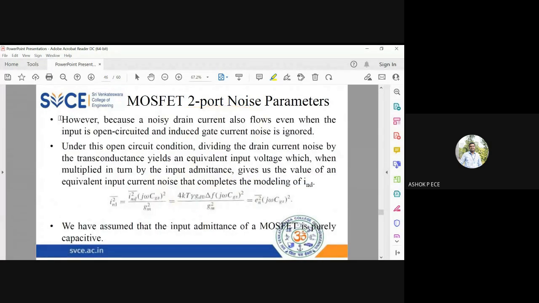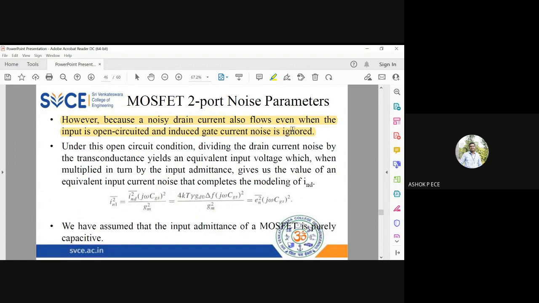However, because of a noisy drain current, even if the input is open circuited... You know that the gate of a MOSFET is always open because the input impedance is very, very high, right? Even though the gate is open, the output current should be zero, right? That is not zero; it is non-zero because of some noise.